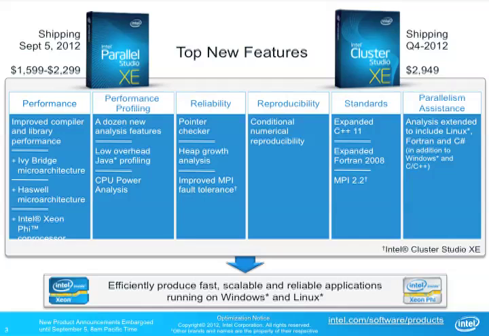And of course, we invest in standards, which I have off to the right, expanded C++11 and Fortran 2008. I don't think anyone has these whole standards implemented yet, but we're working at being a leader among those to keep adding the functionality, and we're quite far along in both of them, and MPI 2.2.